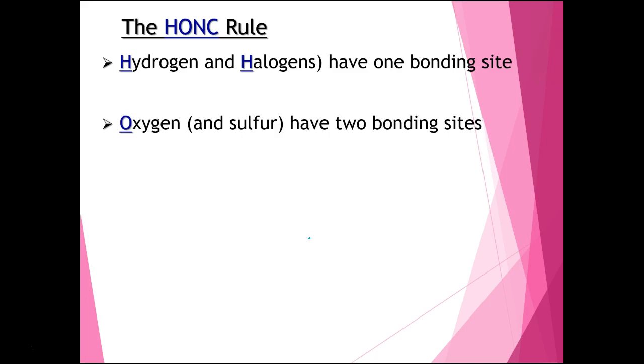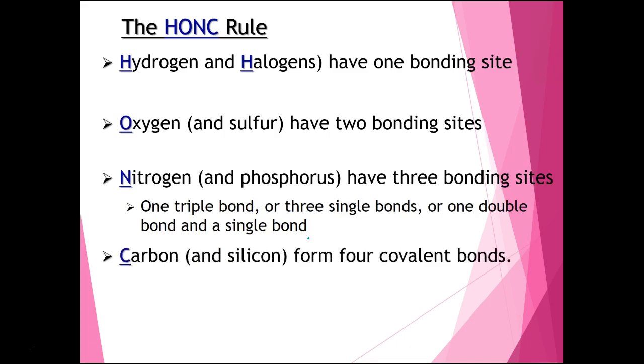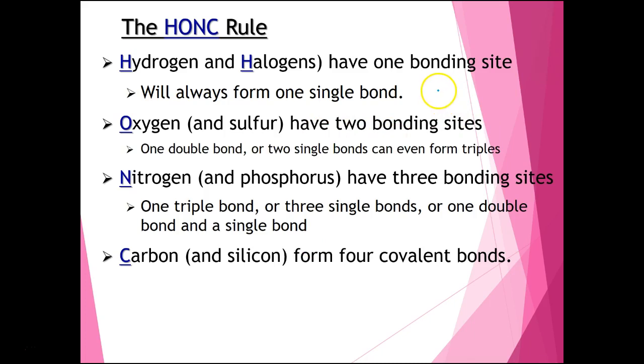Oxygen and sulfur have 2 bonding sites. Nitrogen and phosphorus have 3 bonding sites. And carbon and silicon have 4 bonding sites. When we look at that, what it says, I was reiterating here, is the fact that there's only one bonding site for hydrogen and the halogens.